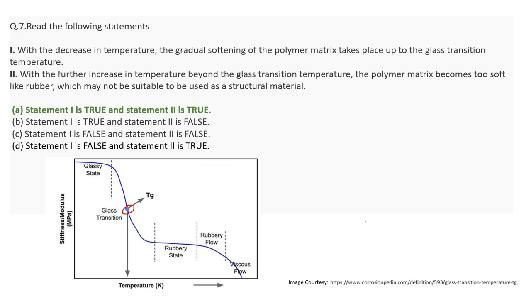The first statement says that the gradual softening of the polymer matrix takes place up to glass transition temperature. Till glass transition temperature there is a gradual softening of the matrix, but once it reaches the glass transition temperature, it becomes rubbery. So we can say that both these statements are true. So option A, statement 1 is true and statement 2 is also true. So that will be the correct answer.